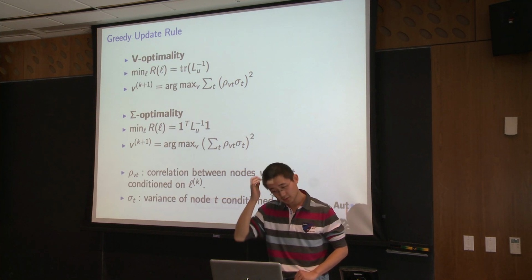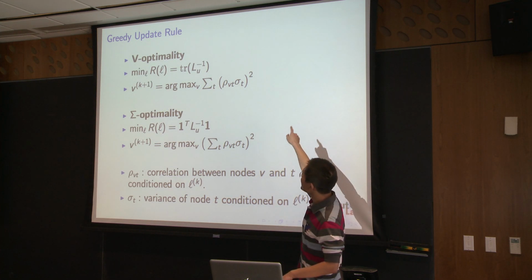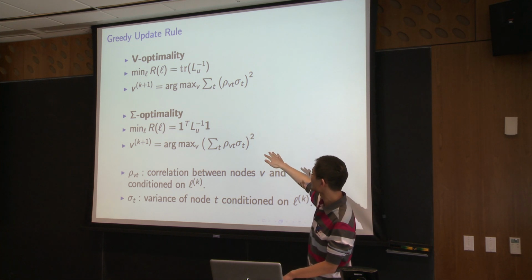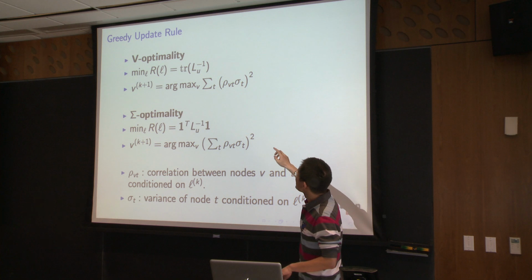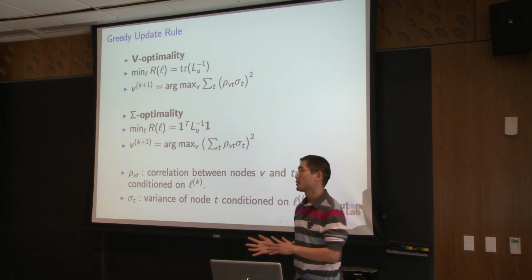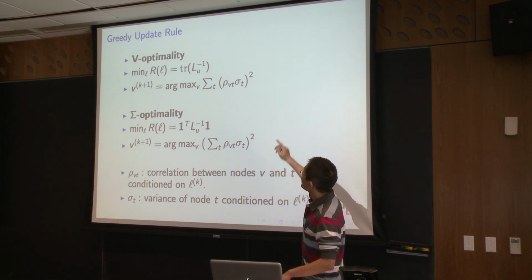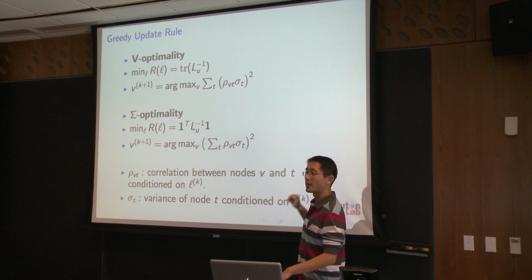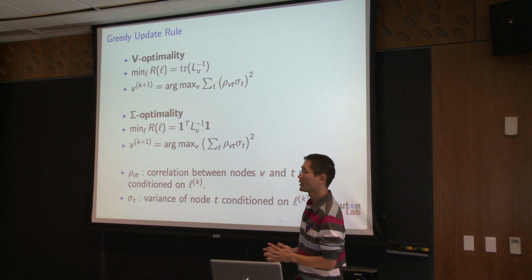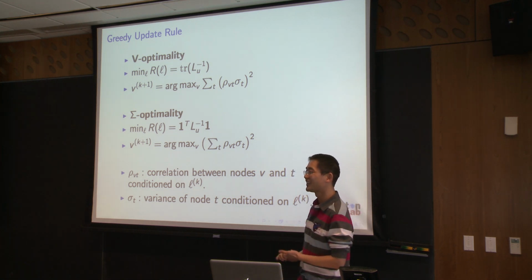And for V optimality, the risk is the trace. For sigma optimality, the risk is the grand sum of the predictive covariance matrix. After some mathematical computation, you can see the sequential step winds up being in this form. I won't show you the details, but you just trust me with this.